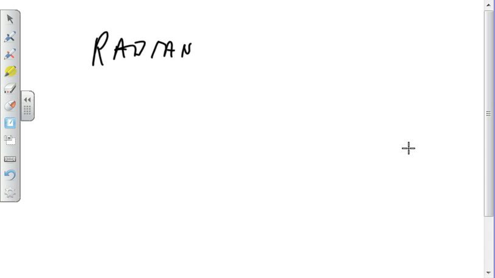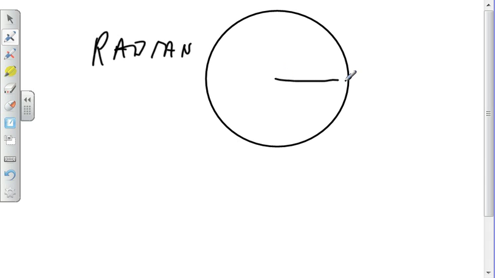All right, so what happens is I've got a circle. The circle's got some radius r. If I take that radius r and wrap it around the circle, then the measure that I have there, that angle, would be 1 radian.